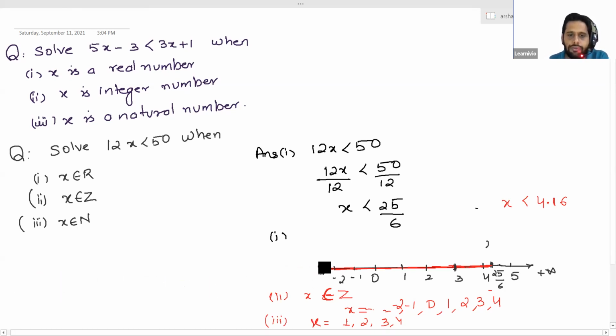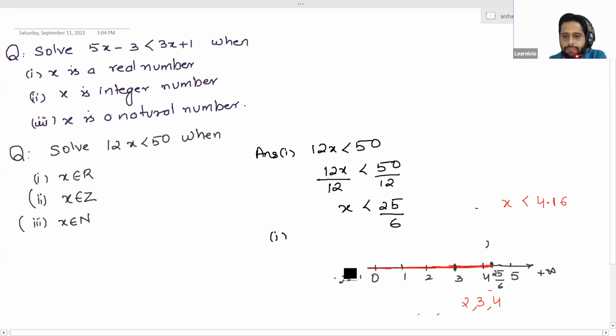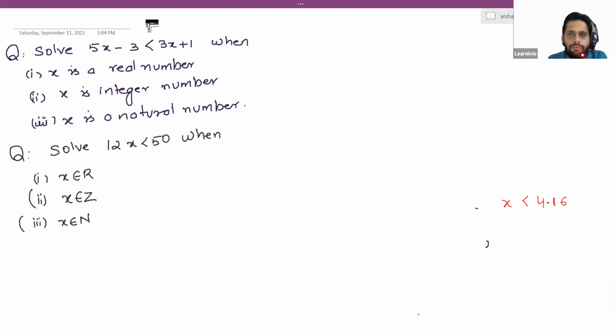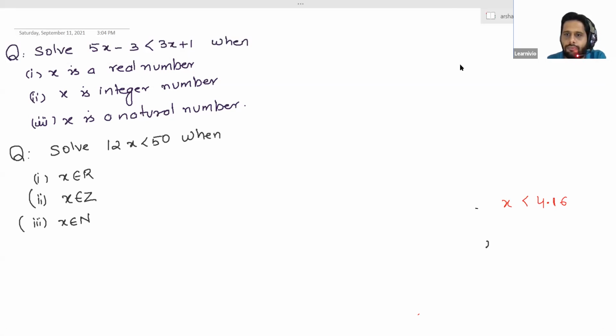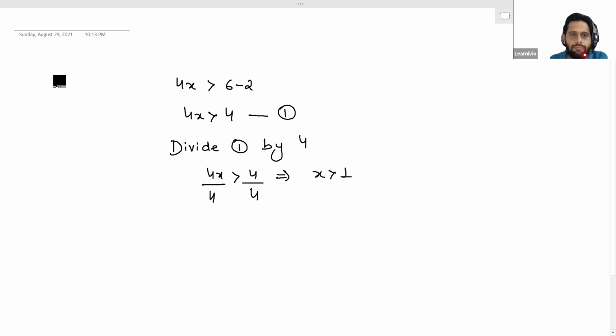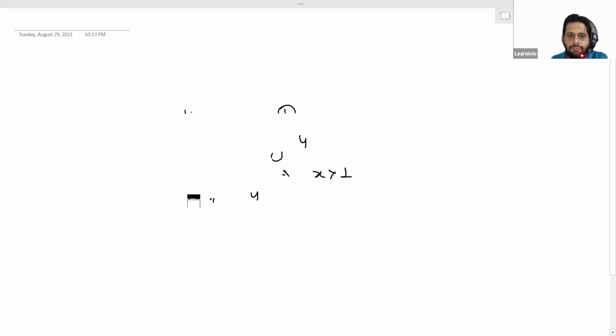which is closed and open intervals. Our next topic is open interval.